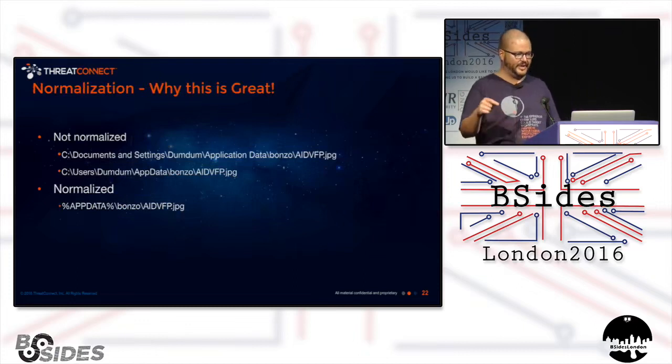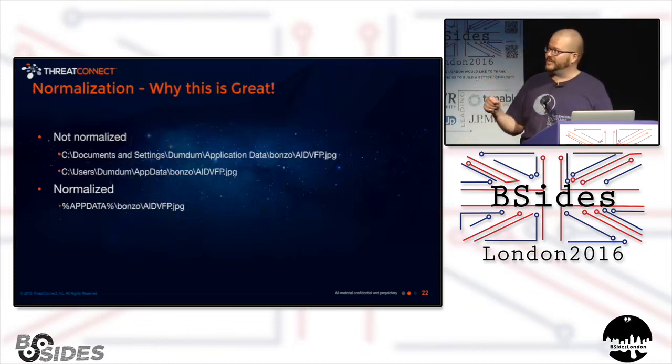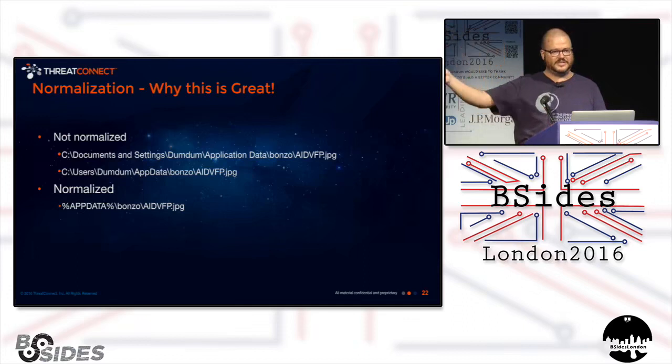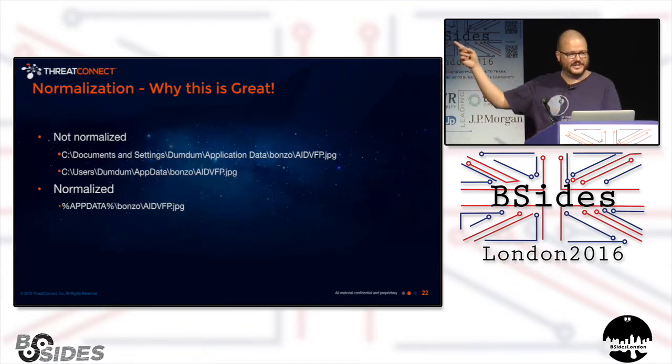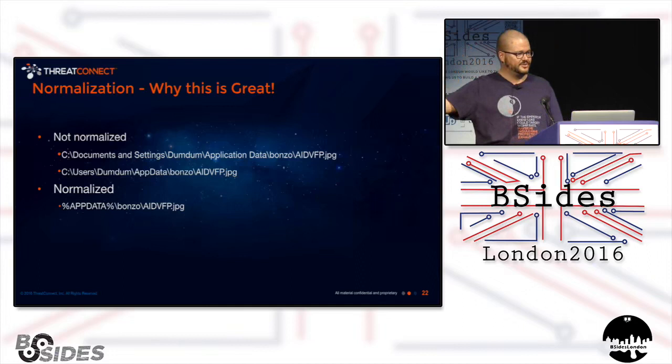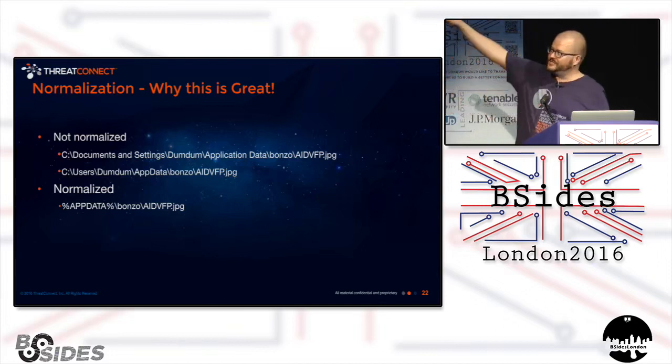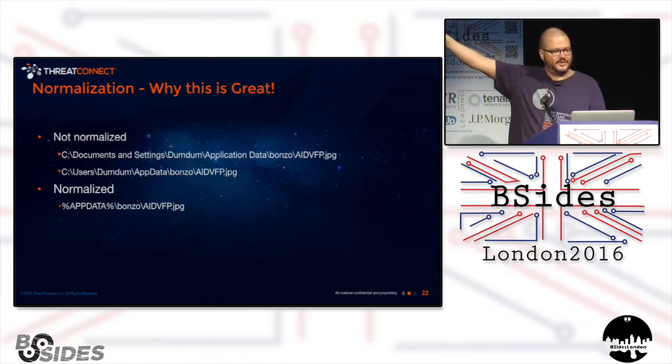So normalization of pathways is very important because those two paths at the top are essentially the same piece of malware dropping this, in the Bonzo directory that it created, and then the AID vfp.jpg. This is a file that was dropped by the malware, and then these are just two versions of Windows operating system.